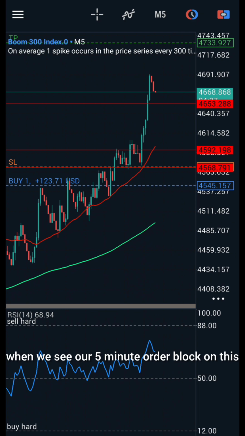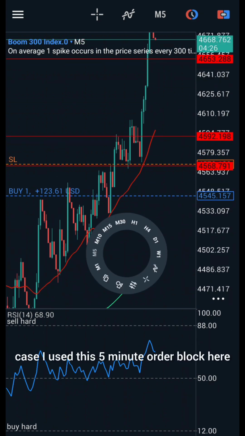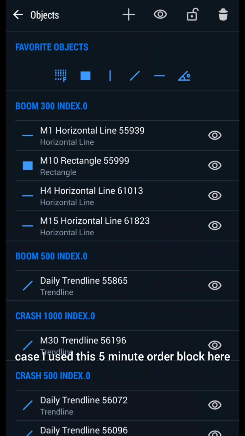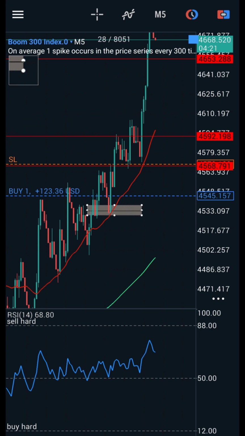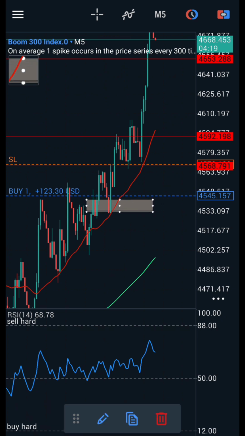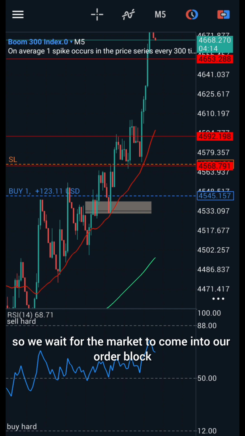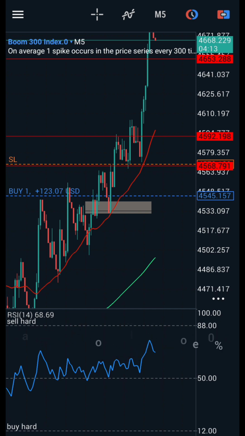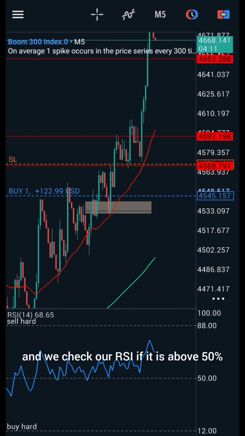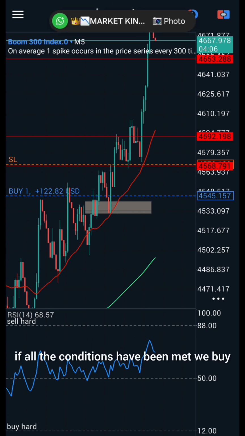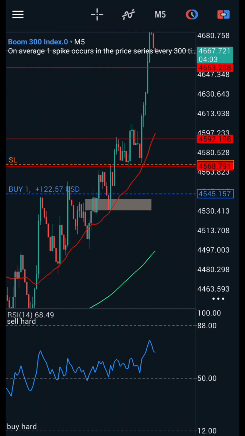In this case I used this 5-minute order block here. We wait for the market to come into our order block, and we check if our RSI is above 50. If all the conditions have been met, we buy and we wait.